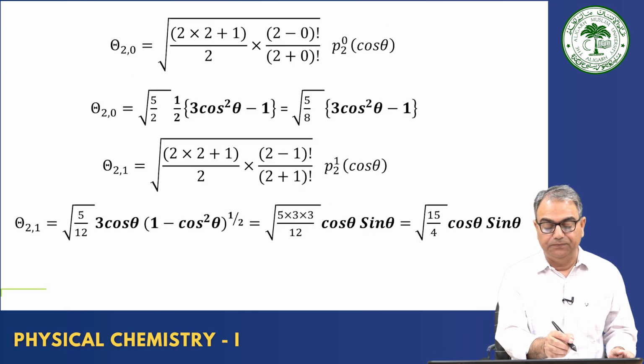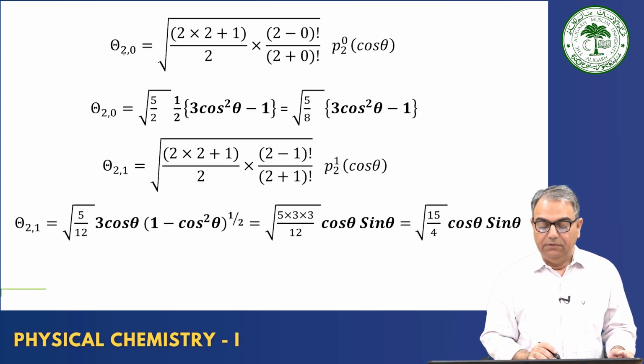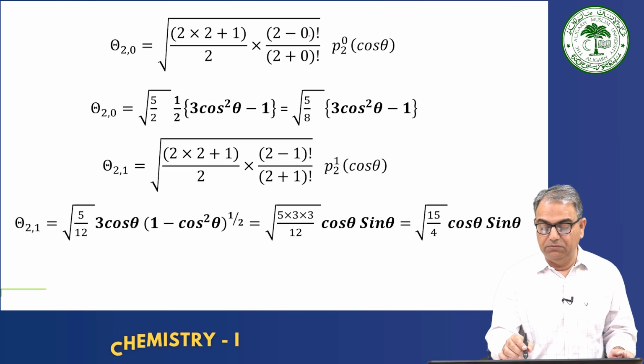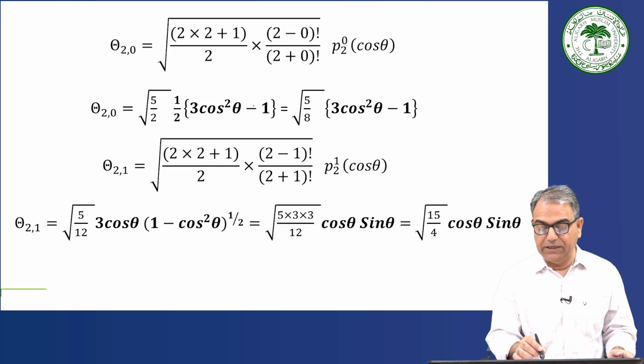So theta 2 0 becomes equal to the root of 2 into 2 plus 1 is 5 divided by 2, and the factorial 2 minus 0 over 2 plus 0, so it's 1 by 2, and then you have 3 cos square theta minus 1, and this will be 5 divided by 8, 3 cos square theta minus 1.